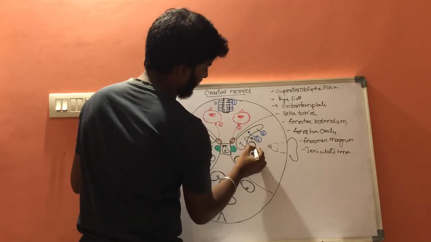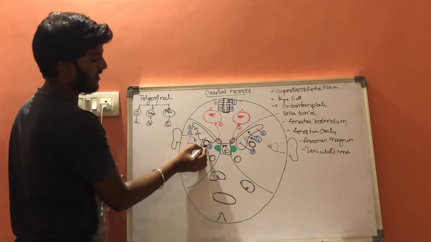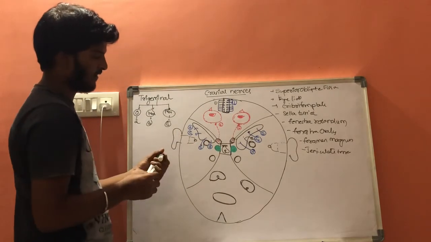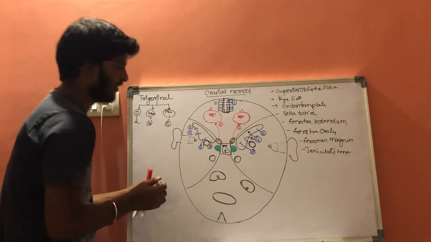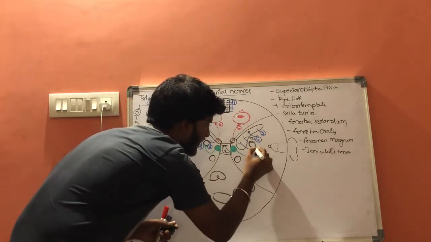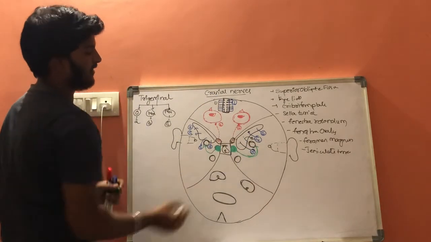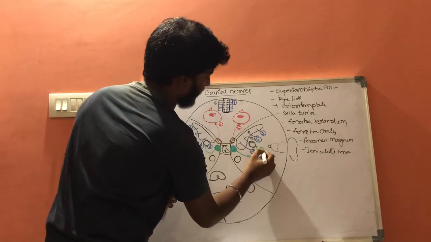This is the foramen rotundum, and this is also the foramen rotundum, and from here the 5B type will be coming.